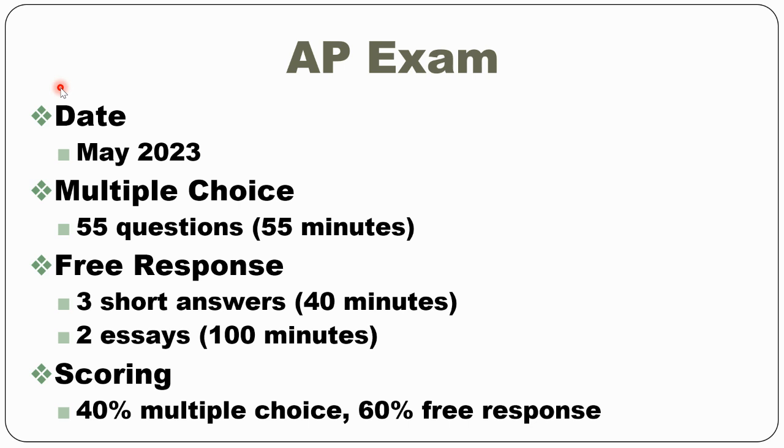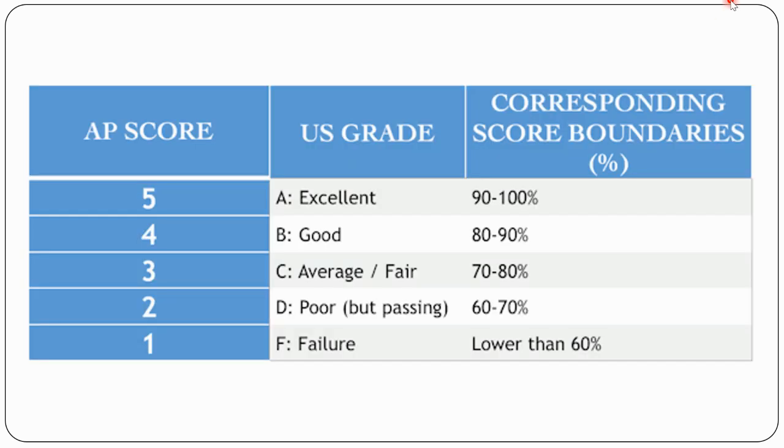As I said earlier, for the scoring, 40% is the multiple choice, 60% is the free response sections combined. And what does that score mean? Well, in general, because the AP is scored on a 1 through 5, the 5s are A's, 4s are B's, 3s are C's, 2s are D's, and the 1s are F's. With many, many years of a track record of this, it pretty consistently correlates.